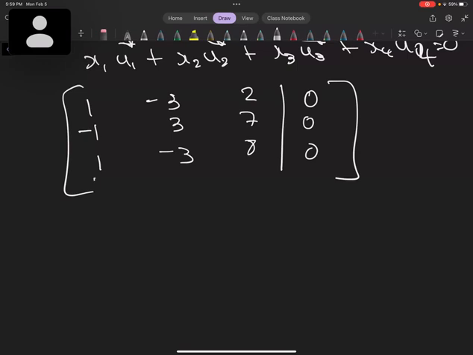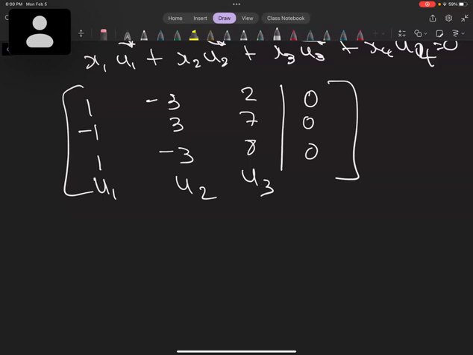So let's say this is U1, U2, U3. I don't think we need to do the whole process. Which one will you choose, guys? Guys and ladies. Who will you choose?